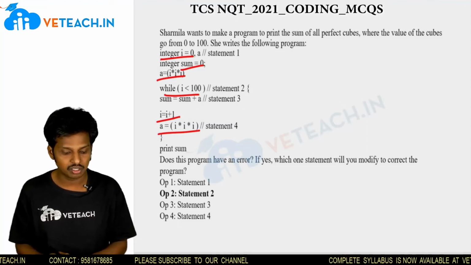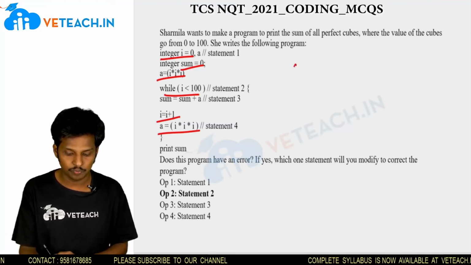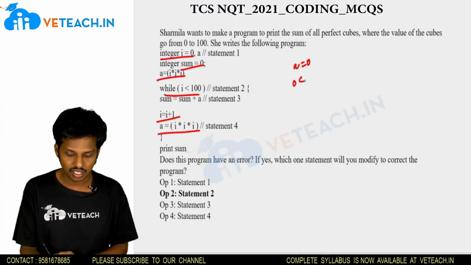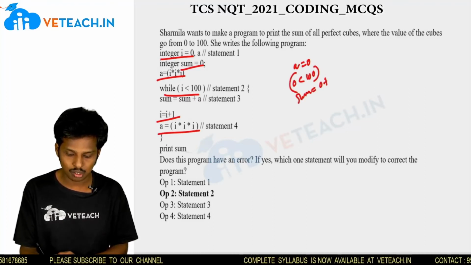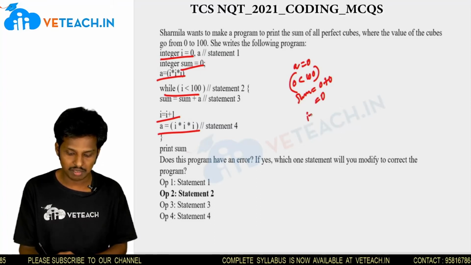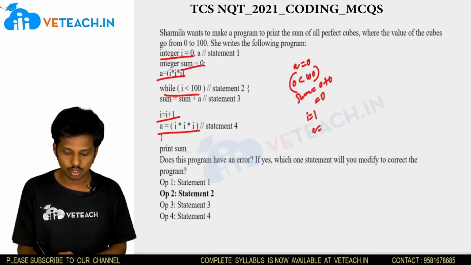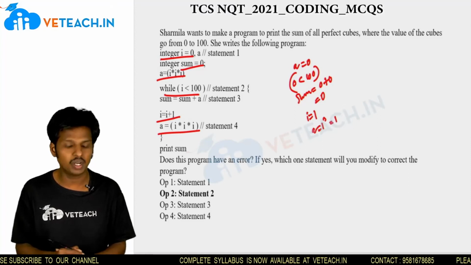So when we consider here, initially I value is 0. So A becomes 0. 0 less than 100, which is true, where sum is equal to, already sum is 0 plus 0, that is 0. Now I becomes 1, and A is equal to 1 cube gets calculated, which is 1.